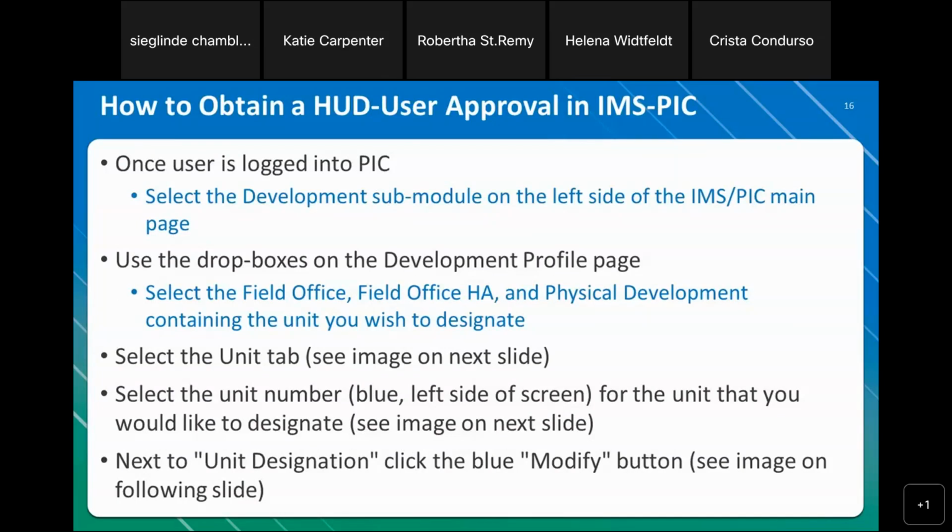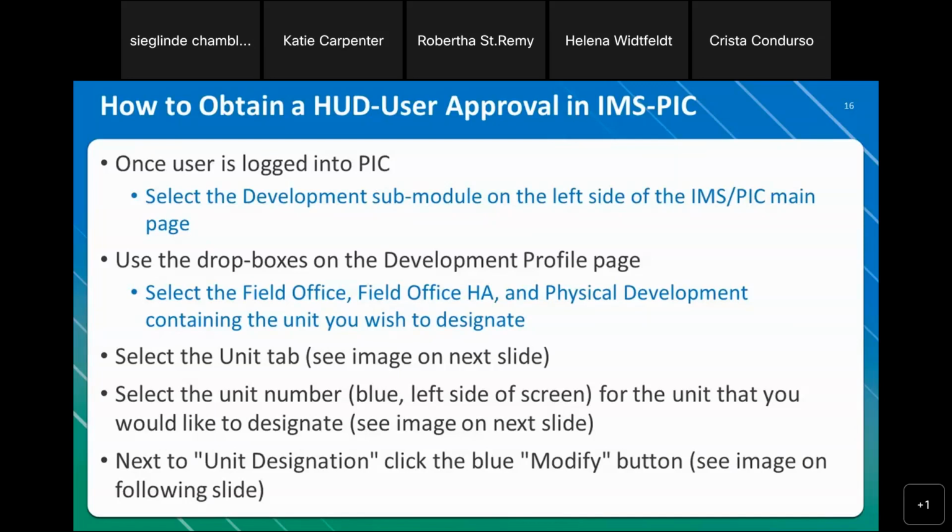Once you receive the PowerPoint, you can click on those links and save them to your favorites. Definitely the PIC guidebook is going to be your friend, with pictures step by step. The guidebook is excellent, and you can follow the instructions before you even reach out to your PIC coordinator.